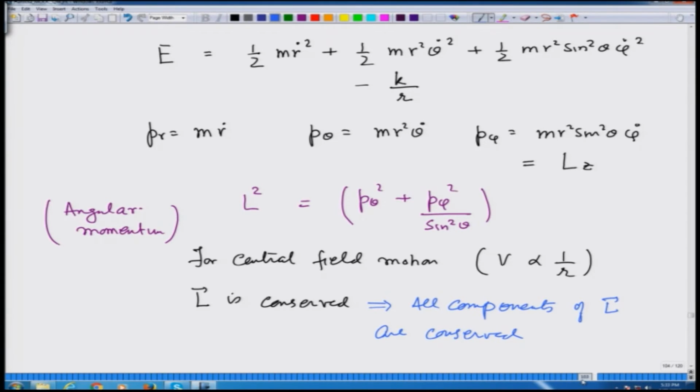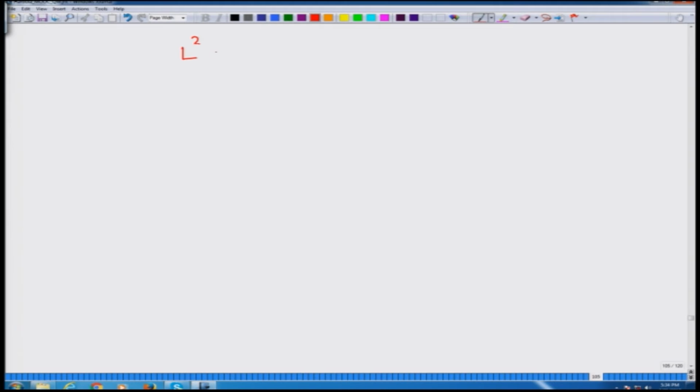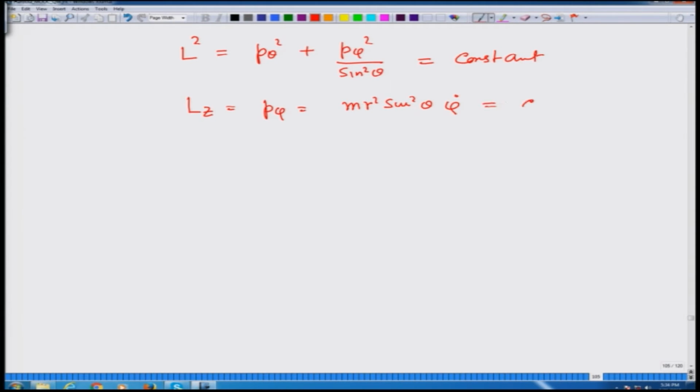Right. So, what that means is L squared, which is equal to p theta squared plus p phi squared over sin squared theta, is a constant throughout the motion, and Lz, which is p phi, which is m r squared sin squared theta phi dot, is also a constant. So, now let us apply quantum conditions.